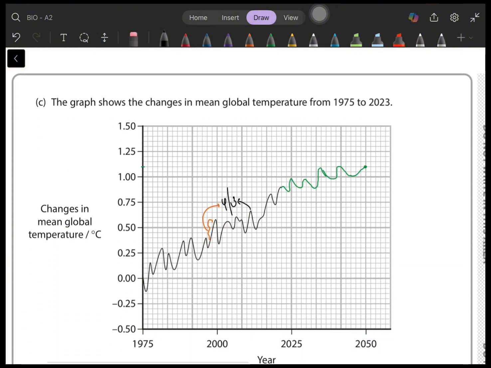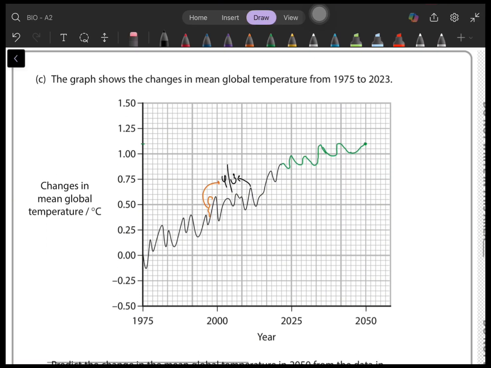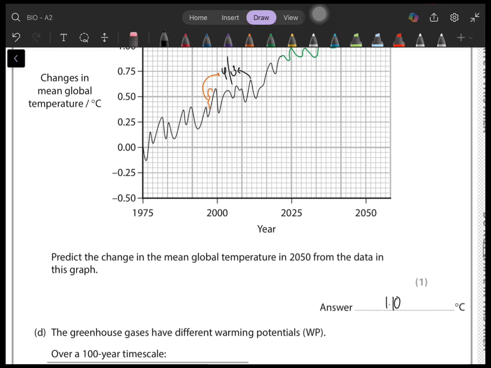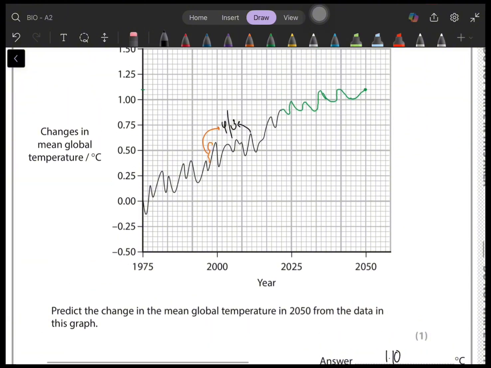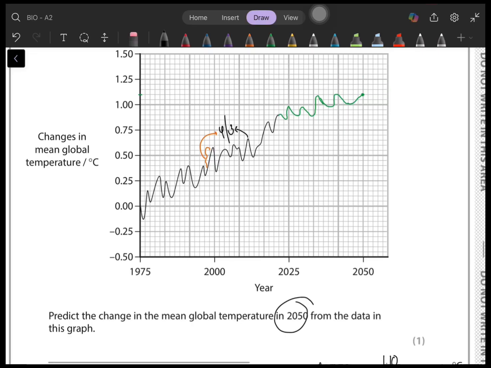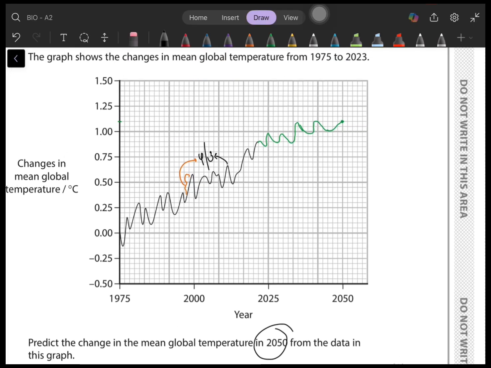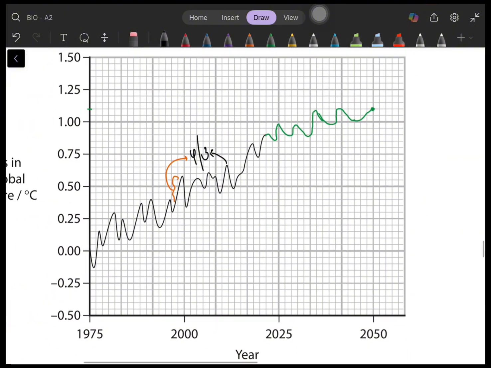The graph shows the changes in mean global temperature from 1975 to 2023. Predict the change in mean global temperature in 2050 from the data in this graph. So basically you just have to make a prediction. From here I could see that the highest number of boxes is 4, and from here the lowest number of boxes is 3.